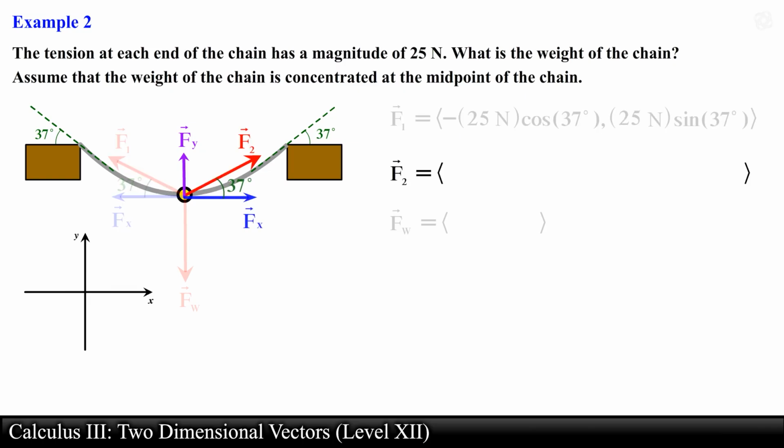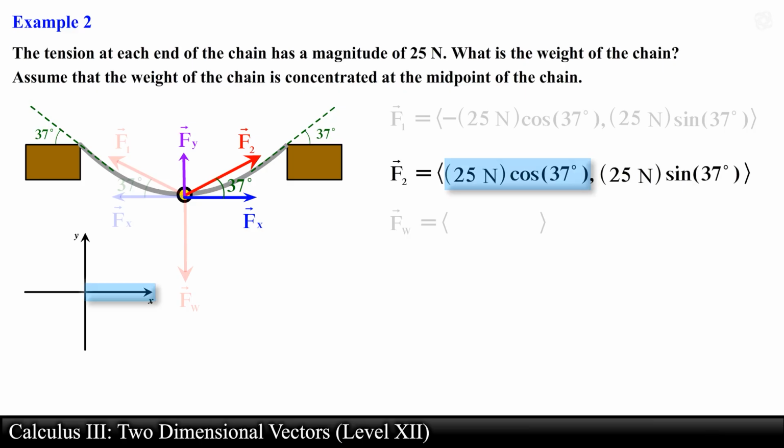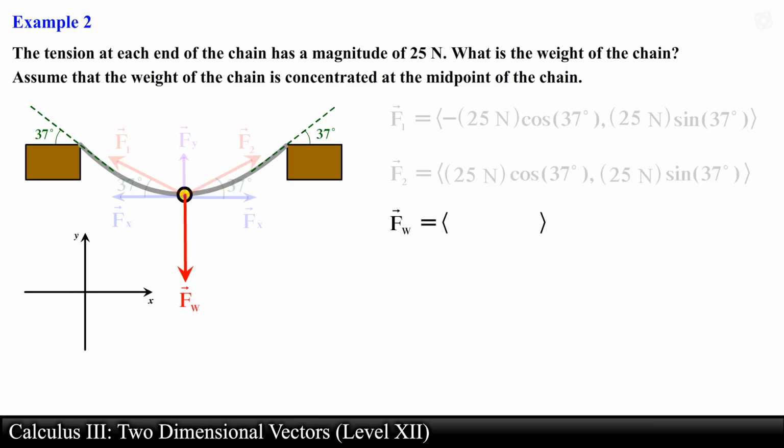For the second tension force, the magnitudes of both components will be the same, but the x component will be pointing towards the positive x-axis. Lastly, the gravitational force will be pointing directly down towards the center of the Earth, so its components will be equal to 0 for the x component and negative times the magnitude of the weight, which is currently unknown.